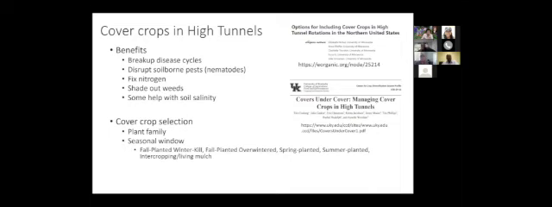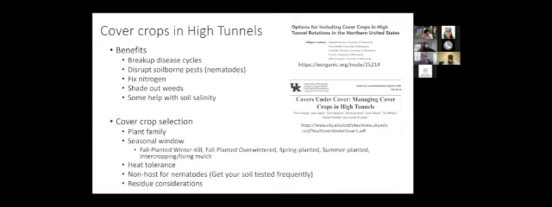It's usually going to be fall planted, summer planted, or intercropping. When you're choosing, think about heat tolerance. You're going to need varieties that can stand a little bit more heat, especially if you're planting something to relieve some of the stress on an area. They need to be non-host for nematodes.